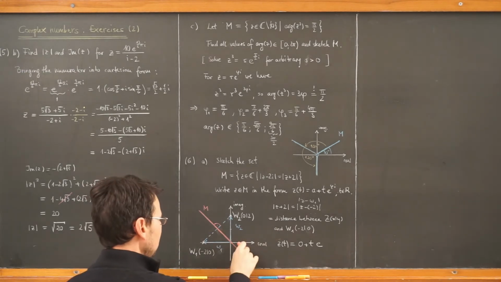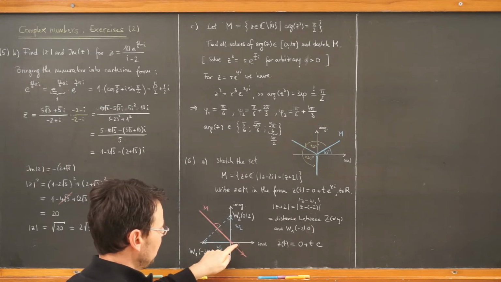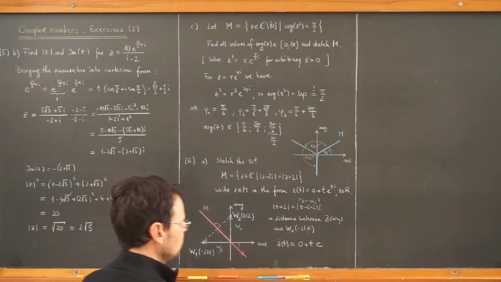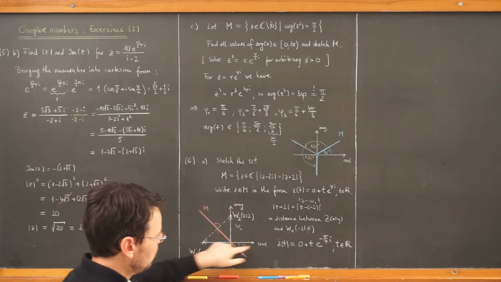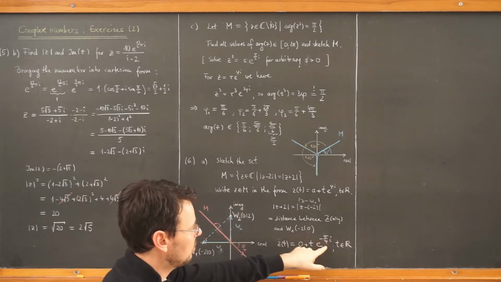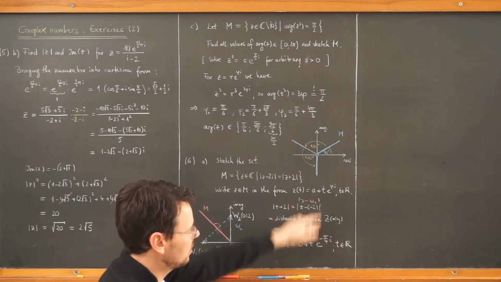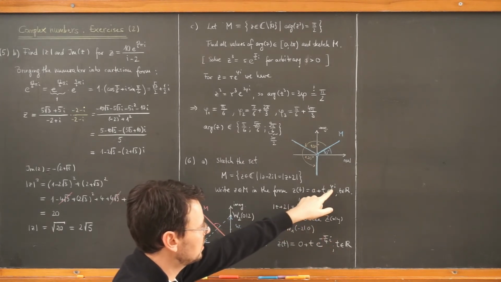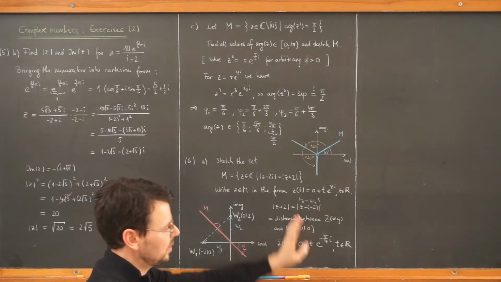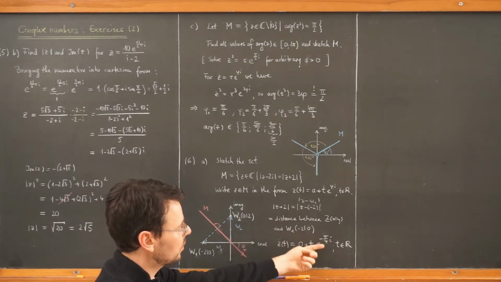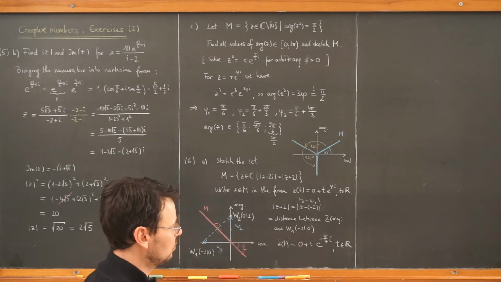So this angle here clearly is pi over 4 or 45 degrees. So we have i, and because we're going down, we have to take minus pi over 4 times i here in this polar form. And since it isn't specified that this angle must lie between 0 and 2 pi, we can just leave it like that, or you can add 2 pi if you want to.